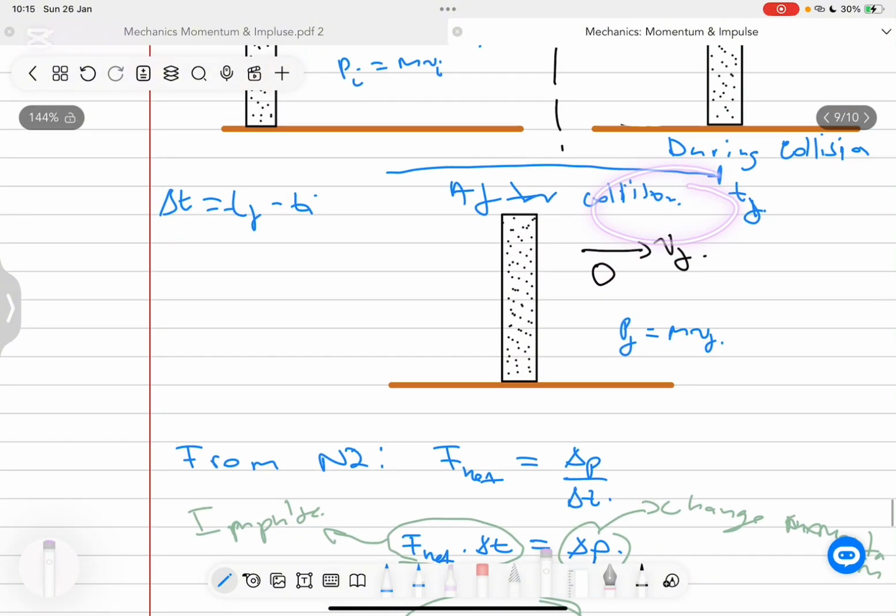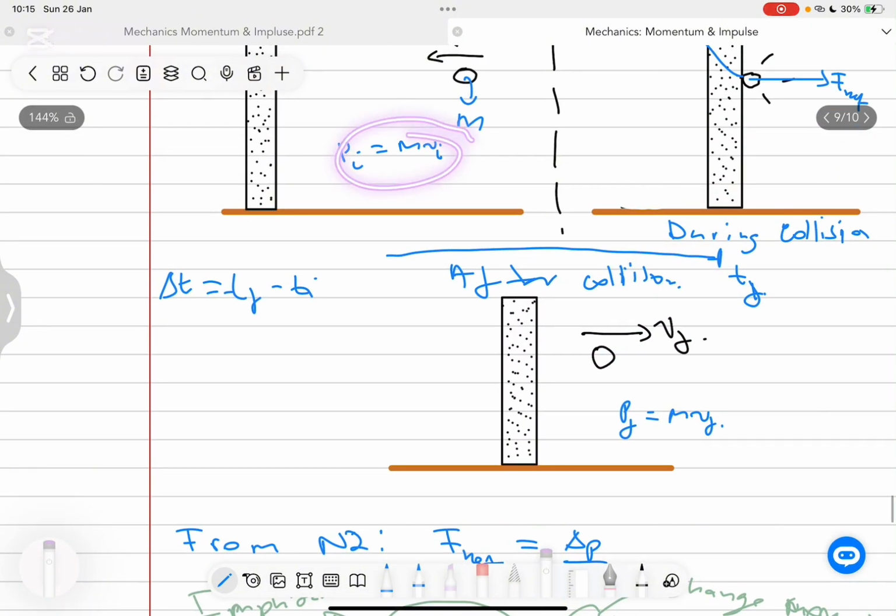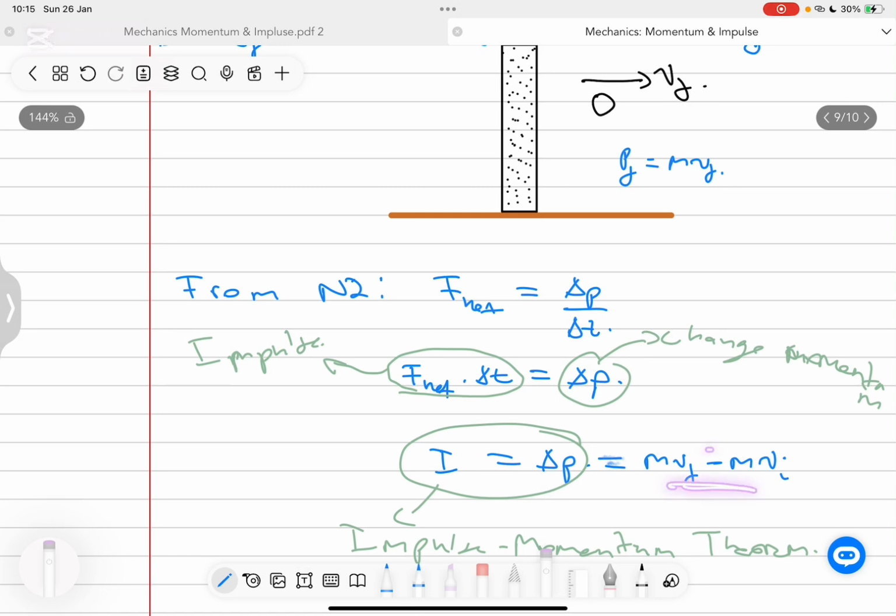Subtracting the two gives me a change in momentum. Even if I do this mathematics here, I'll still get the same answer that I got when I multiplied the force and the change in time. So this equation gives us an alternative way of finding the impulse.